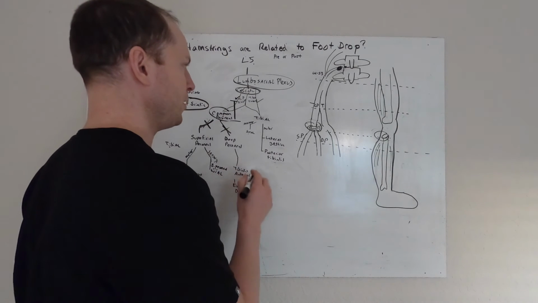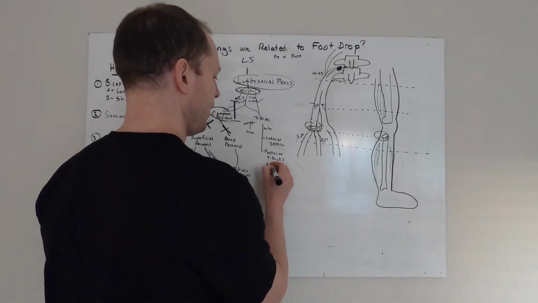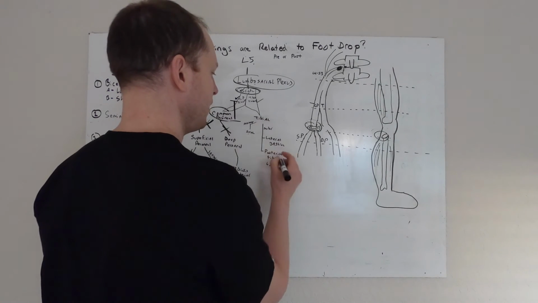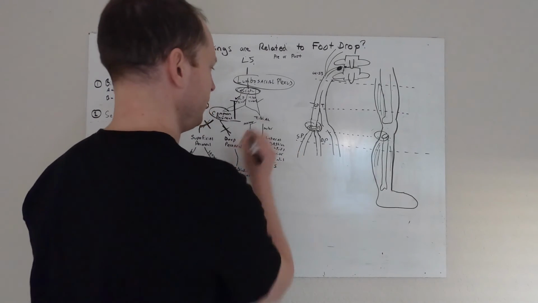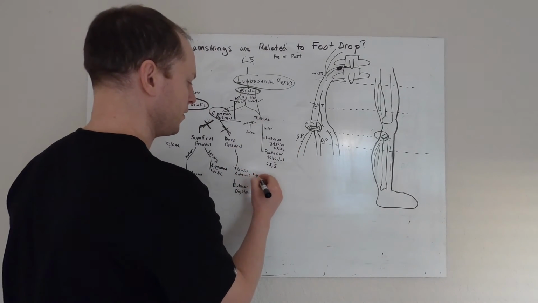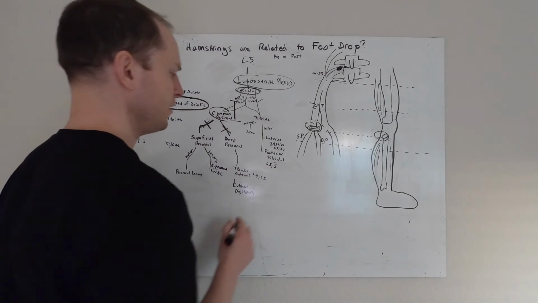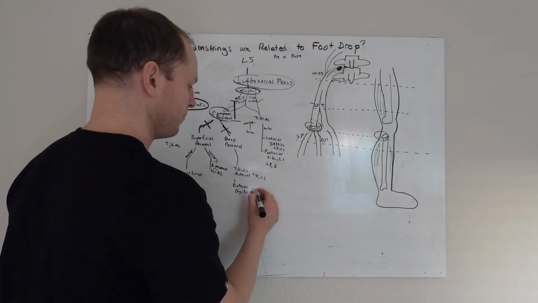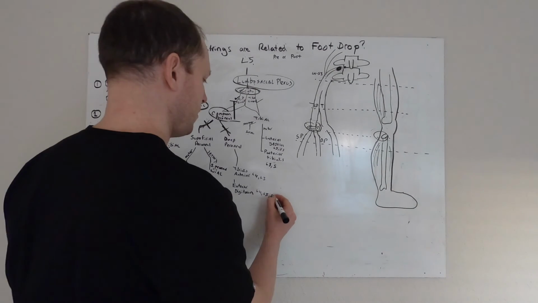It also helps to know, or you must know, the nerve roots and the peripheral nerves of each of these muscles to put the pieces of the puzzle together. So posterior tibialis is L5, S1, tibial nerve. Lateral gastroc, L5, S1, tibial nerve. Tibialis anterior, L4, L5, deep peroneal and common peroneal. Extensor digitorum, L4, L5, S1.